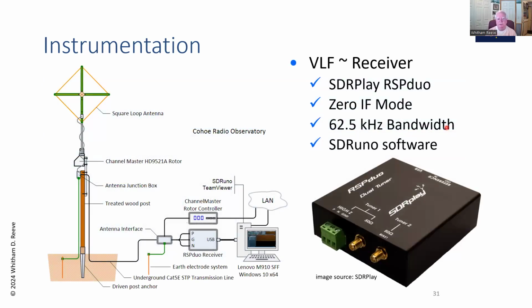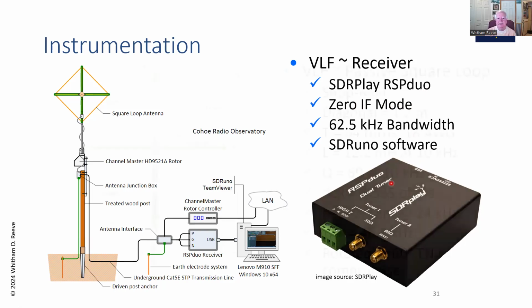Here's the square loop over on the left-hand side. It's up about 3 meters above ground, has a Channel Master television type rotator, and that's controlled from within the observatory. And again, it's the RSP Duo. I use zero-IF mode for all the VLF stuff that I do. And then I also use the SDRuno software, which is the native application software for this particular receiver.